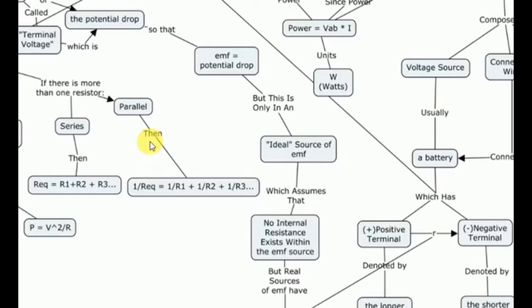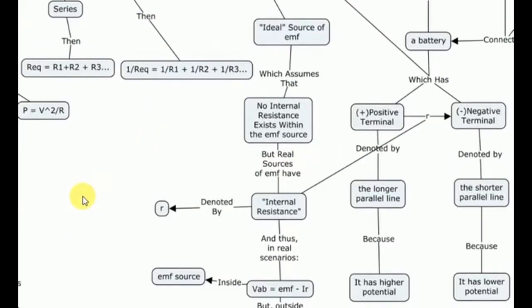But in real sources, there is indeed internal resistance, which is denoted by a lowercase r. And so the terminal voltage in non-ideal, real sources is not equal to the EMF. It's equal to the EMF minus I times r, minus the internal resistance.